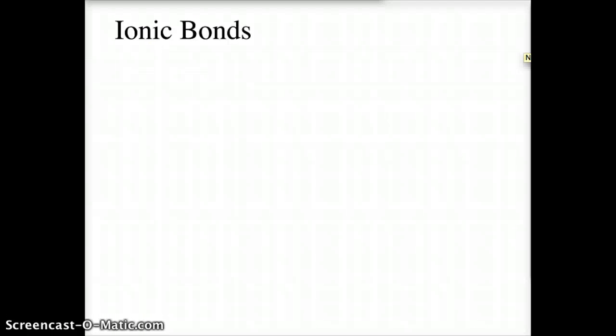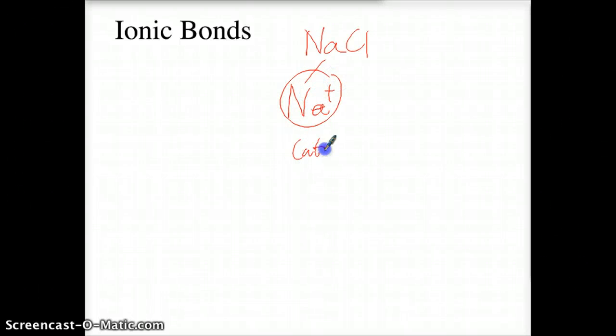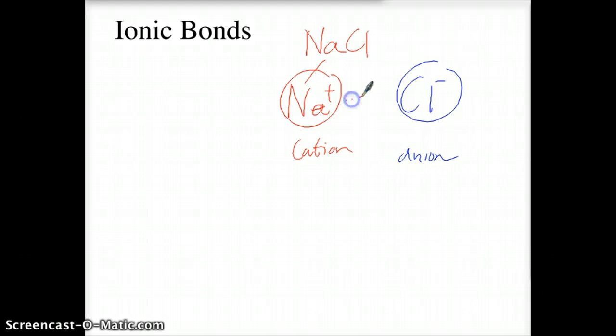We've also discussed ionic bonds. So for example, if we have NaCl, we know this is made up of an Na plus atom, a cation, and a Cl minus atom, an anion. And since these have opposite charges, there's a force of attraction between these two, which forms the ionic bond. This is affected by distance.